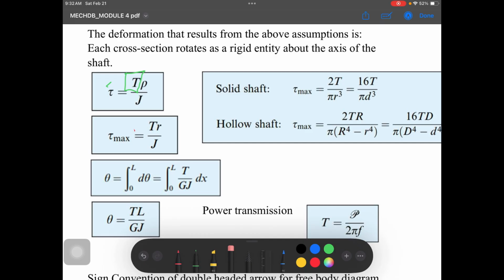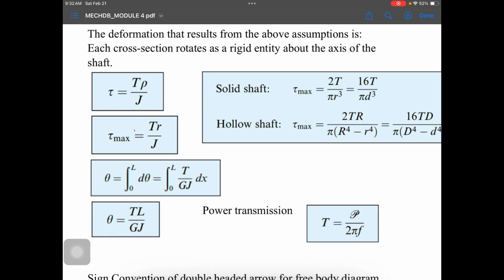That's the torque or the twisting moment. Force times distance. And then, yung rho, as we've discussed, ito yung radius or distance nung point na ine-evaluate mo to the center ng cross-section. And then J is the polar moment of inertia. That is a property ng cross-section mo.